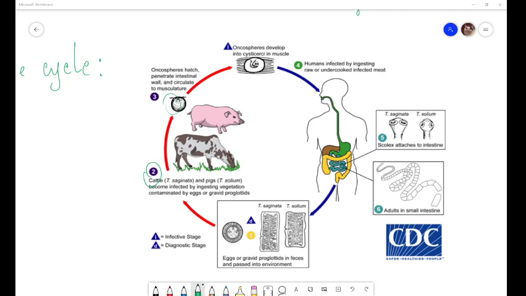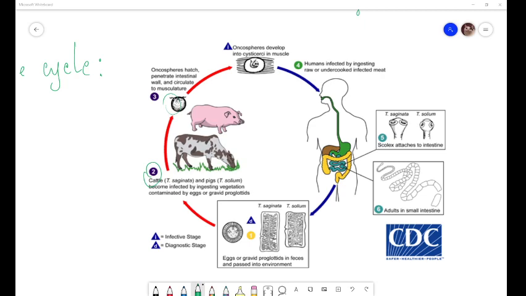The adults produce proglottids which mature, become gravid, detach from the tapeworm and migrate to the anus, or are passed in the stool, approximately 6 per day.